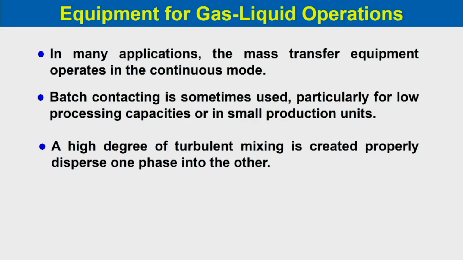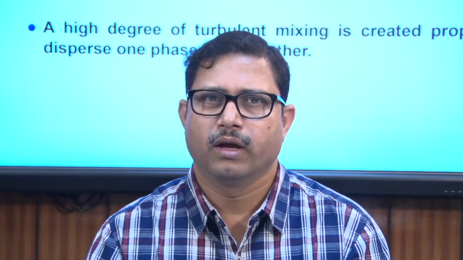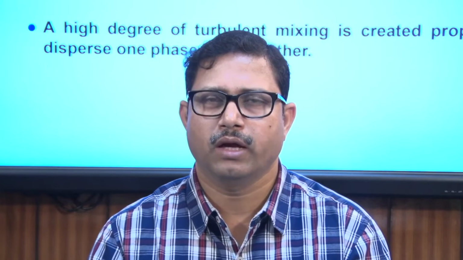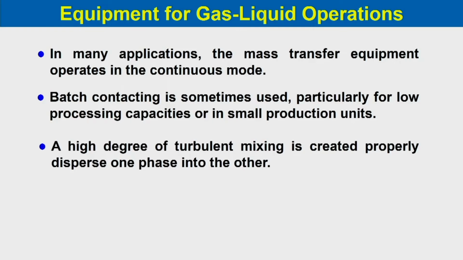So, in the batch process or in the continuous process, we have to provide sufficient mixing among the phases, among the immiscible phases, so that there is intimate contact between the phases for the mass transfer to happen, and with less penalty towards the energy consumption of these equipments.